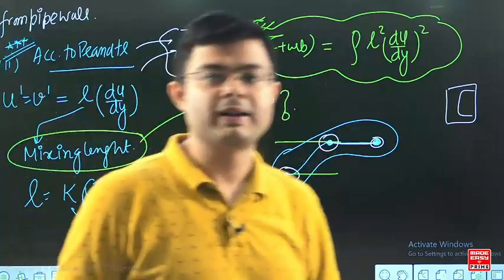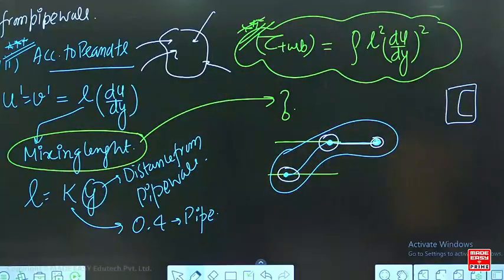Write down the definition of mixing length. Mixing length is defined as the distance traveled by the molecule up to the point where it takes up the new environment.